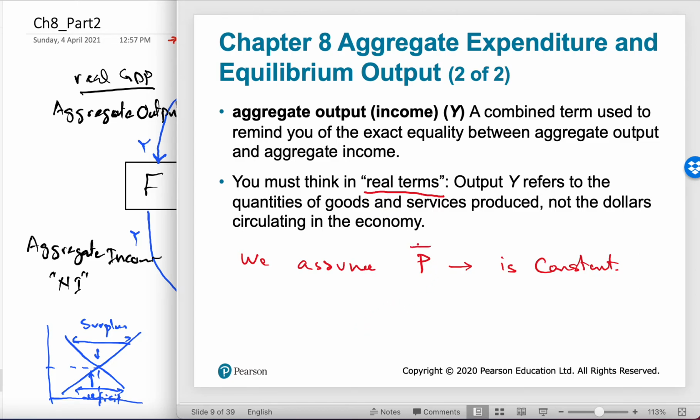At this stage it is fixed, and interest rate, the book is playing with it because it's considered as an exogenous variable. We could also consider the P as an exogenous variable, but we will do it in chapter 11. In chapter 11 we come back to the price. But at this stage we are assuming that inflation or deflation is not an issue, and hence the GDP we are talking about is fixed price. So it is real GDP, real terms.